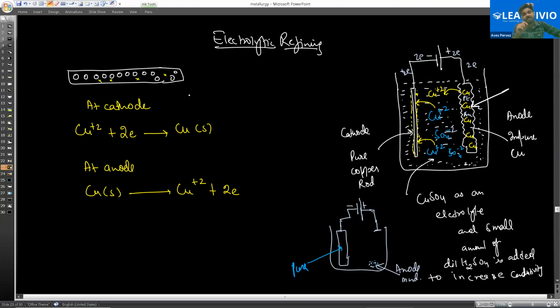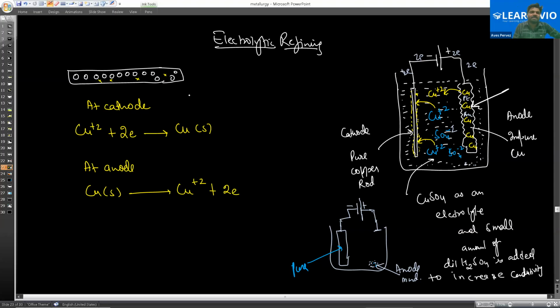Electrolytic refining is the purest; by electrolytic refining you get the highest purity metal, 99.99%. There are some other methods also, like zone refining, that we are going to study in higher classes. But in electrolytic refining, we get the highest purity metal.